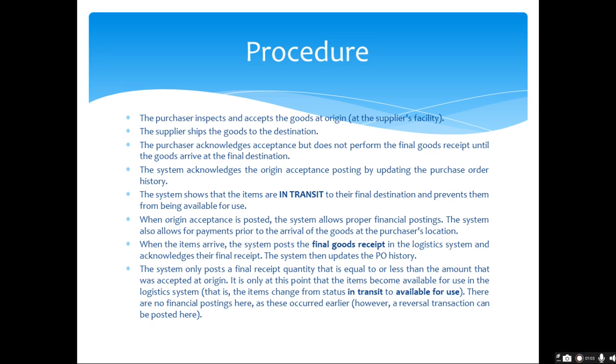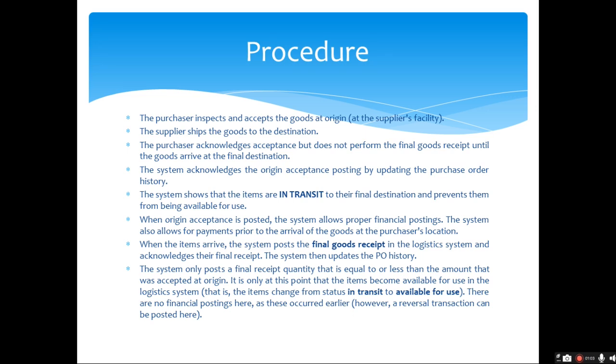So here you can see, with this origin acceptance the purchaser can inspect or accept goods at origin. Goods at origin means at the supplier facility or supplier location we can do acceptance or visual or quality inspection. And after accepting those goods, the supplier will deliver his material to the receiving plant address.